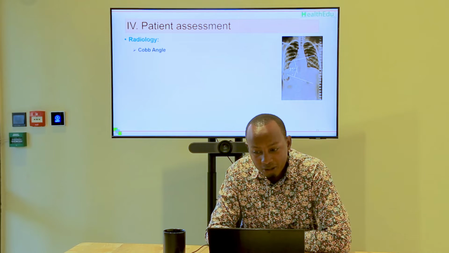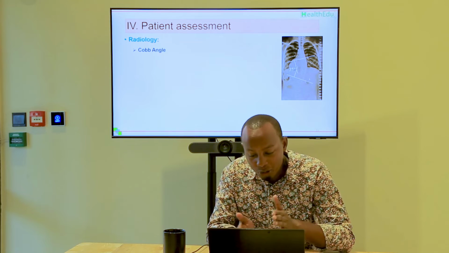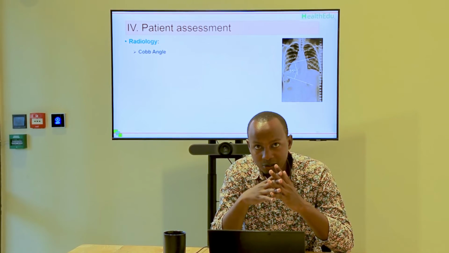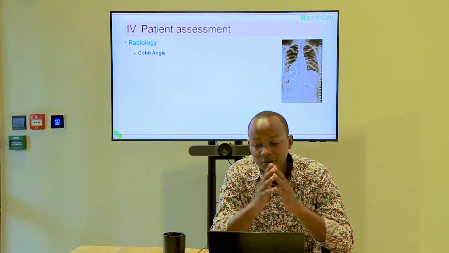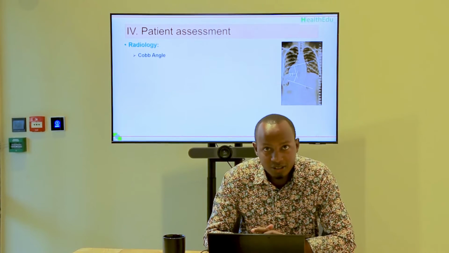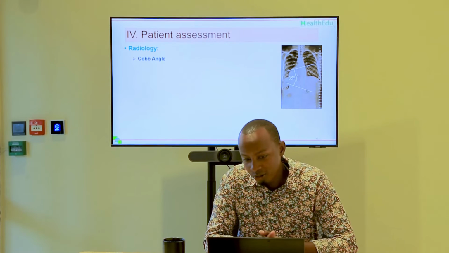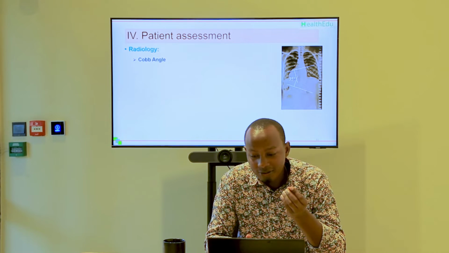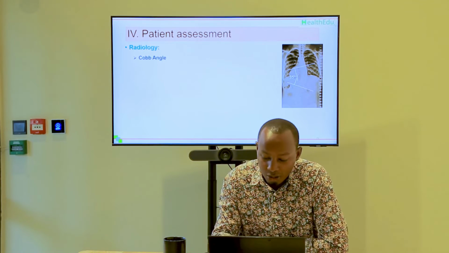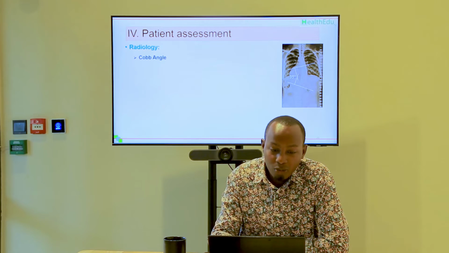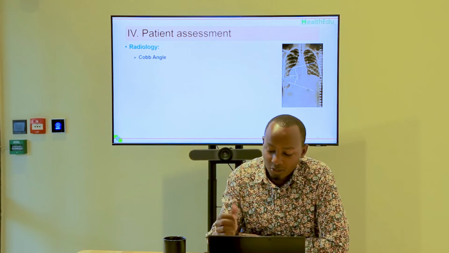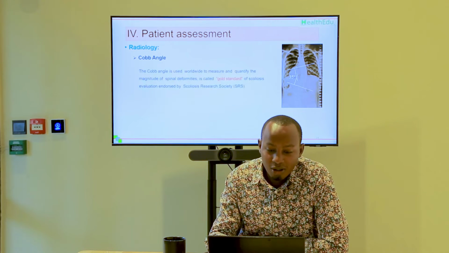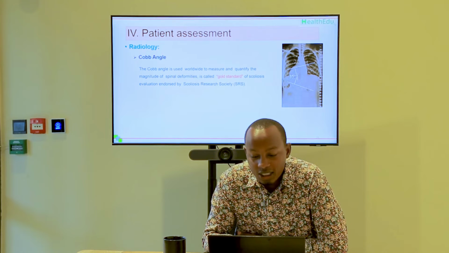Once we have drawn those lines, we have to cross them, and we can identify the magnitude or angulation of the spinal curvature that we have. So that's the curve angle, or method of measuring the spinal curvature. There are other methods that are used, but this one is the gold standard.